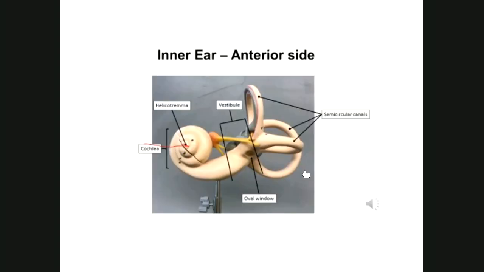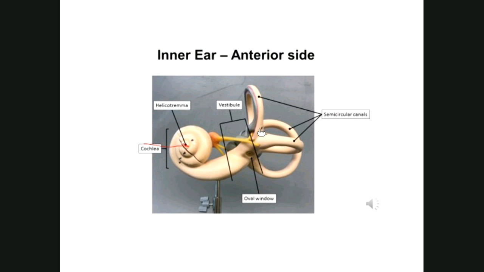There are three areas of the inner ear. The first one, number one, is semicircular canals. They're not complete circles, so they call them semicircular, these three loops, 1, 2, and 3. So number one, semicircular canals, a series of three loop-shaped structures all arranged at 90 degrees to each other. Now, I'll just tell you what these are.